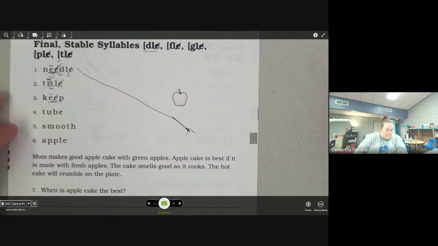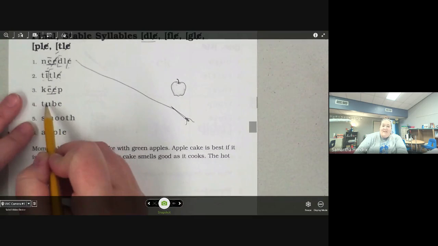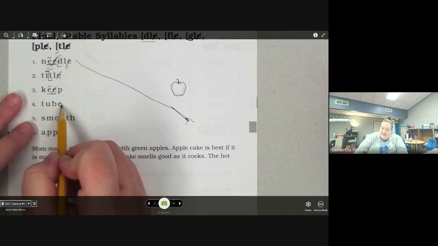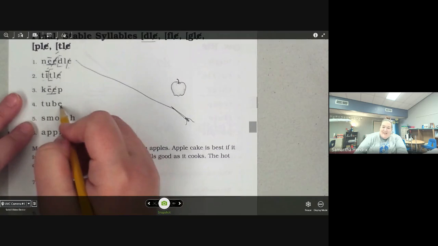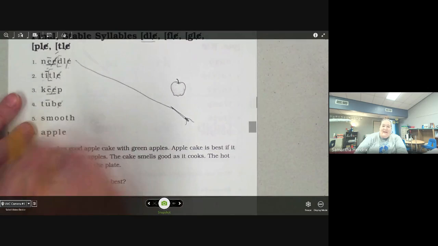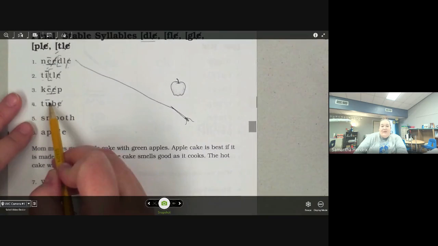Okay. Oh, here's the regular old word. We have a vowel consonant E. So I know this E is that magic sneaky E. So the E is silent, but it makes this say its name. So we have tube.